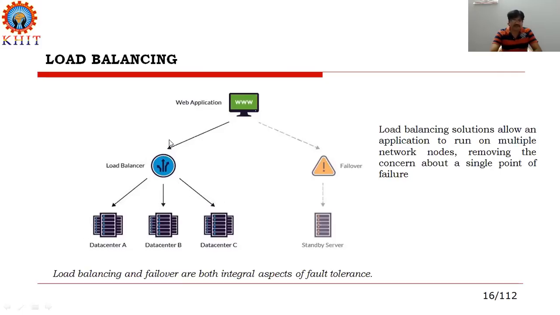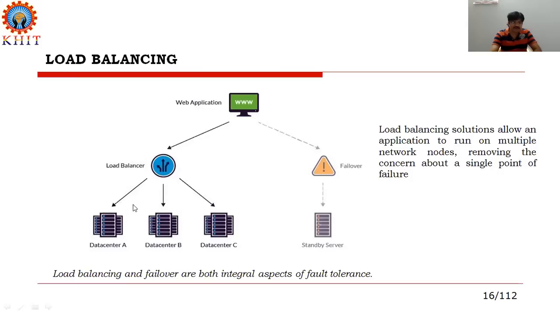The traffic coming from the client machine will be shared equally among the three data centers available here: data center A, data center B, and data center C. The traffic will be split and shared equally among these three data centers, due to which the performance of the system is very high, and there is no failure of the data.